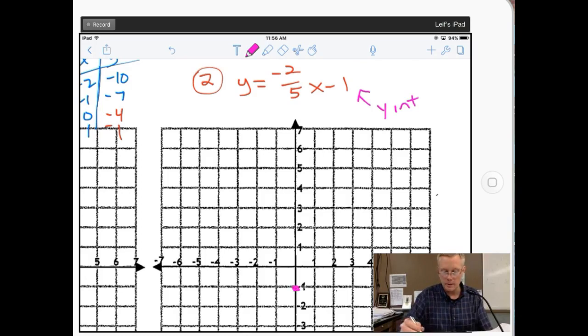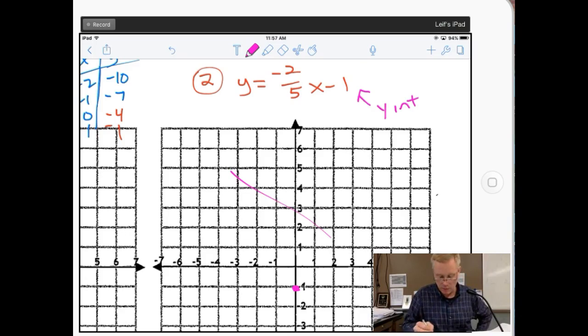So put a dot there, and then I can do the -2/5 slope. Negative slope goes that direction. Once again, make sure you have your 4 slopes memorized. Positive goes this way, negative goes that way, undefined is straight up and down, and horizontal straight across is 0 slope. All right, so -2/5.